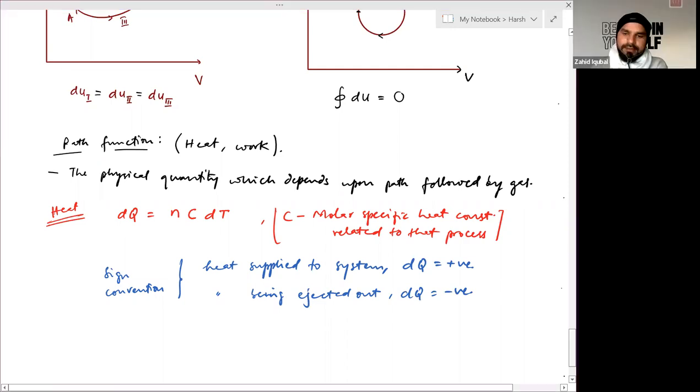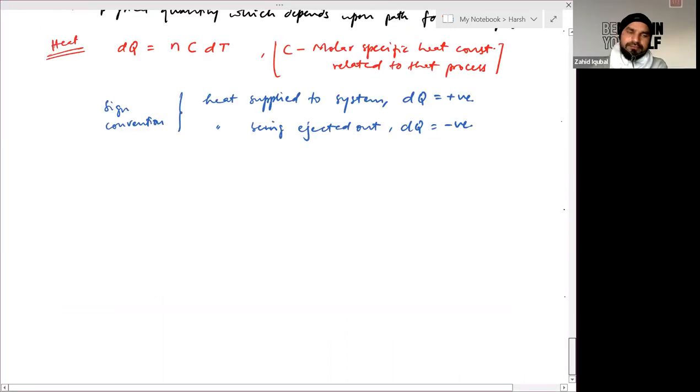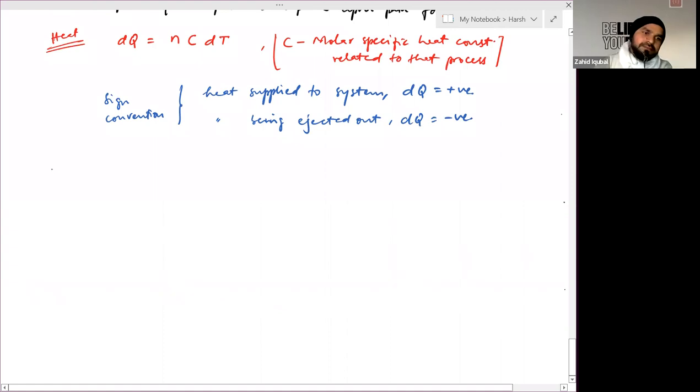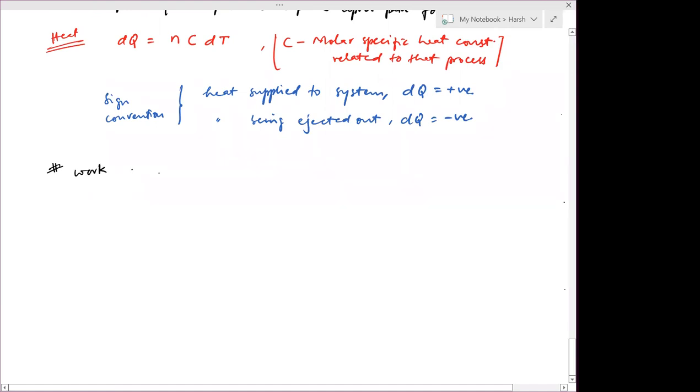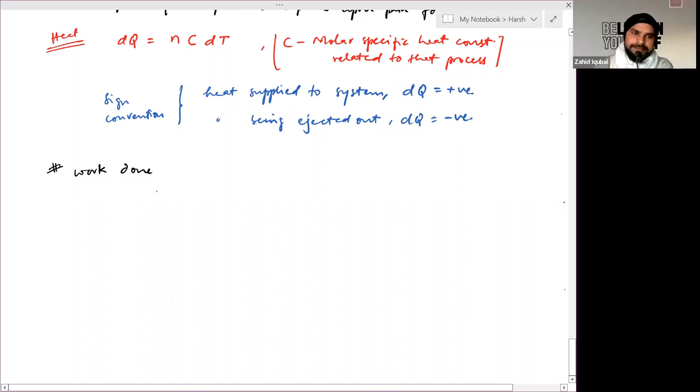Next, work done. Work done is the integration of force times displacement.